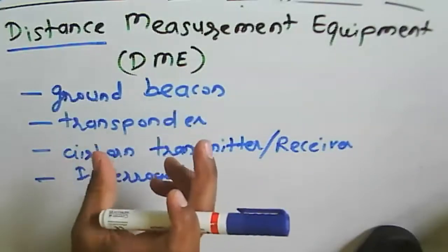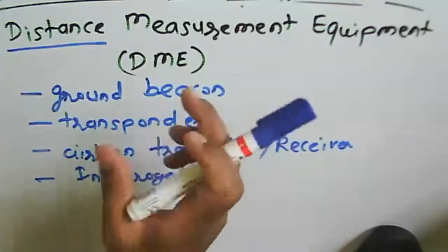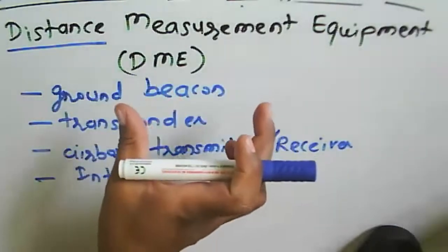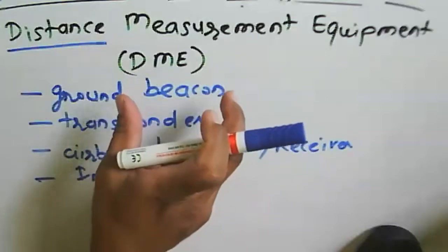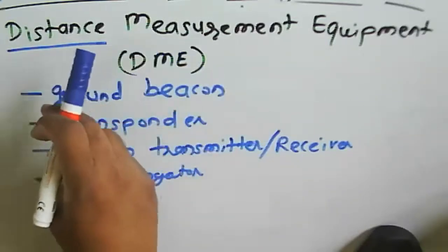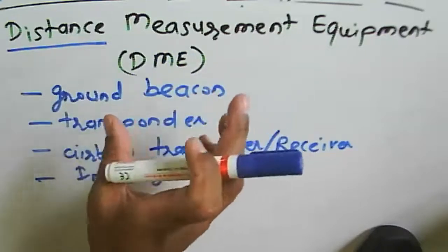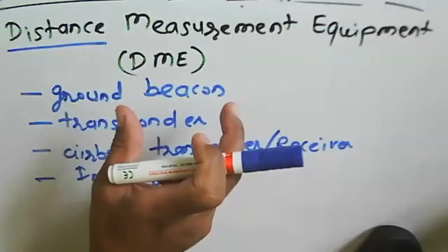A signal is transmitted from this ground system to the aircraft, and that is useful for measuring the distance between the DME and the aircraft. The transmitted signal between the aircraft and the DME goes through the ground beacon, so that we can obtain the distance of the aircraft from the DME.